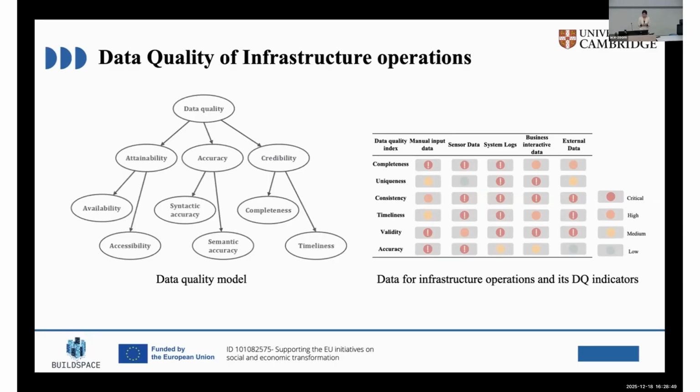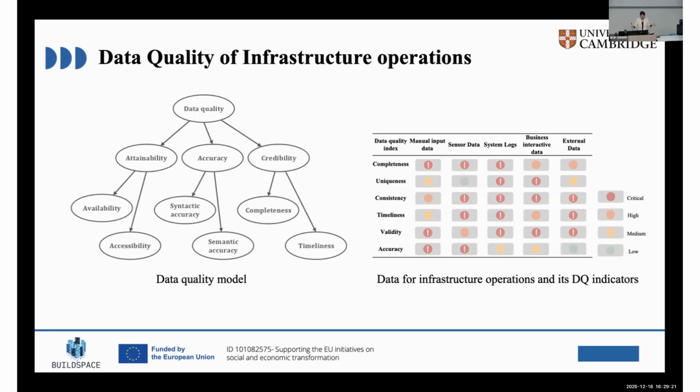And then I work on what kind of data will be involved in infrastructure operation, but I do not go from the type of data. For example, the function category is through the function of it, but I categorize from the data collection method, because I think every IoT data we have the same way to collect, right?